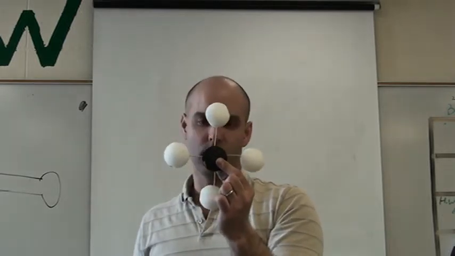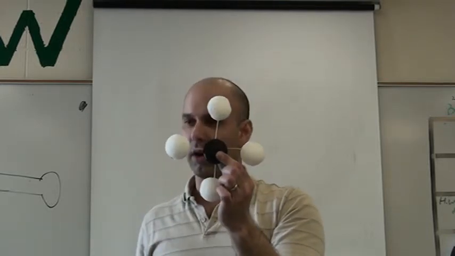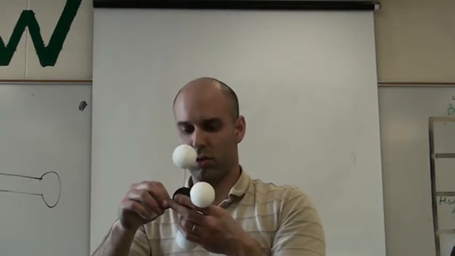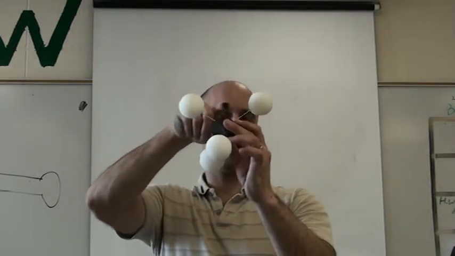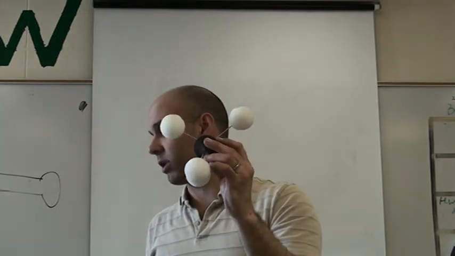The atoms want to get as far away from each other as possible. So they repel each other, and right now they're only 90 degrees apart. They can actually get farther if they move themselves into different planes. So now that angle becomes bigger. And that angle is actually 109.5 degrees.